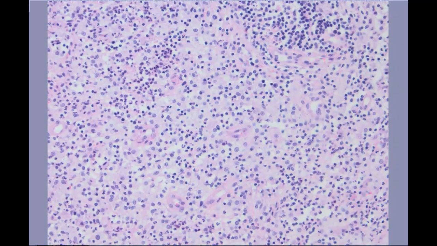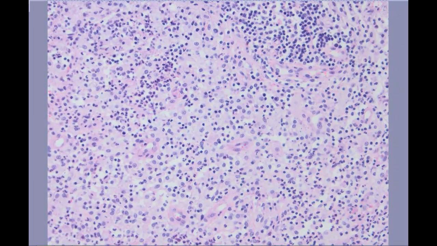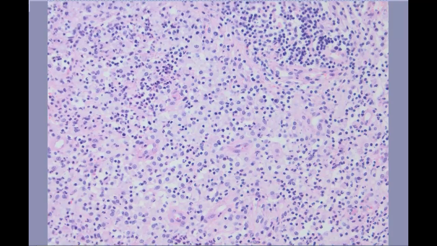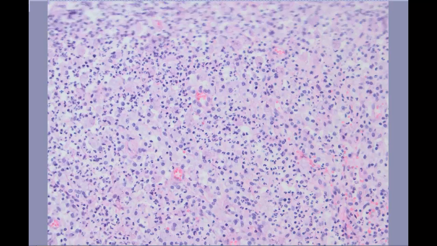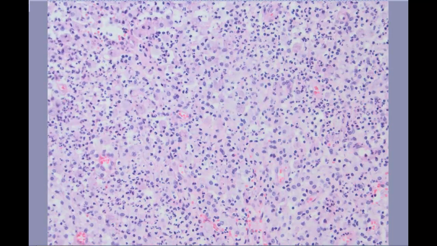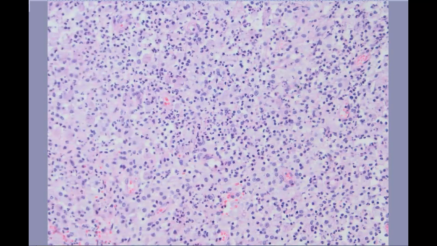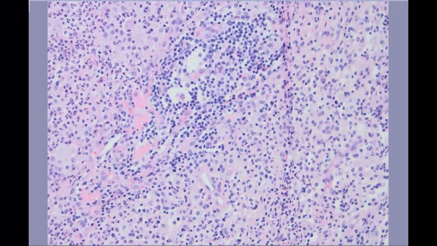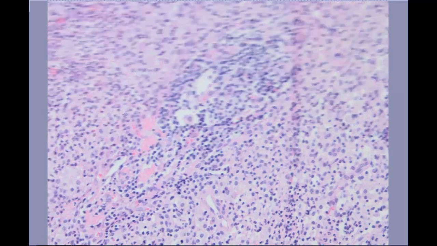In fact, some of them are even more vacuolated. And that's it. It's all macrophages and polymorphonuclear leukocytes, and there were also small groups of lymphocytes in between.